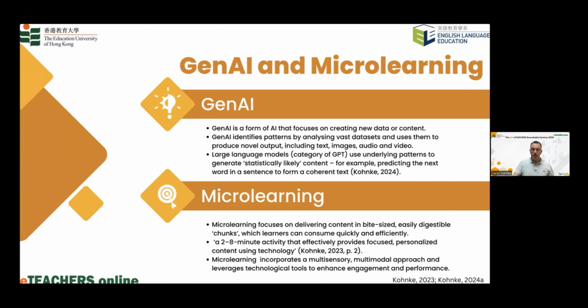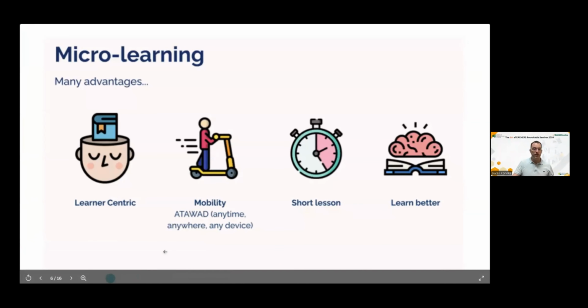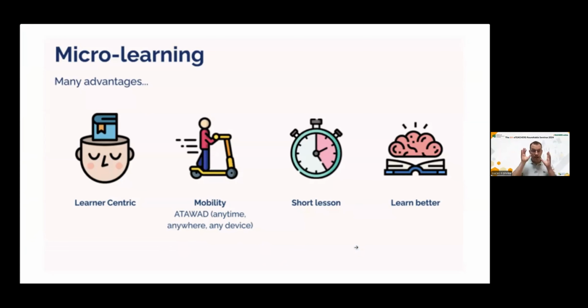So why do I like to use microlearning? Because it has many advantages. It's learner-centric. The learners are doing something. We as teachers, we're not talking. We're facilitating. They are doing the work. It's bite-sized, so it's very short, very easy to bake into a lesson.